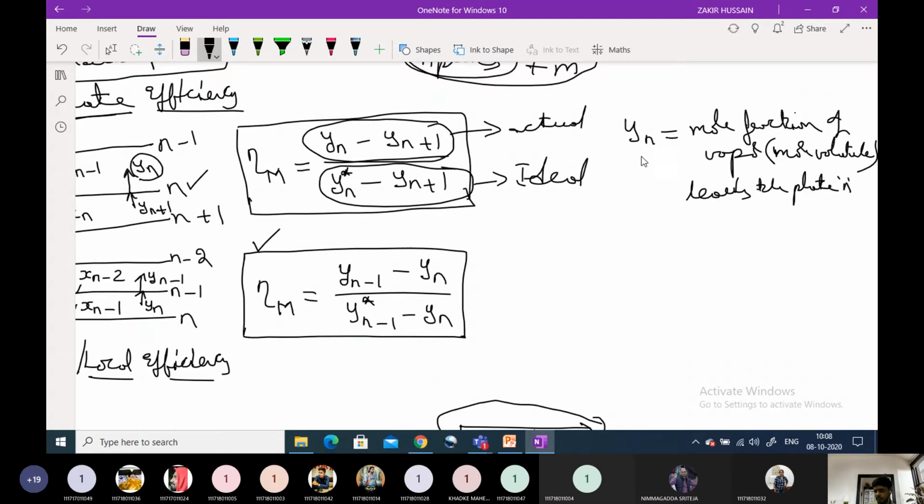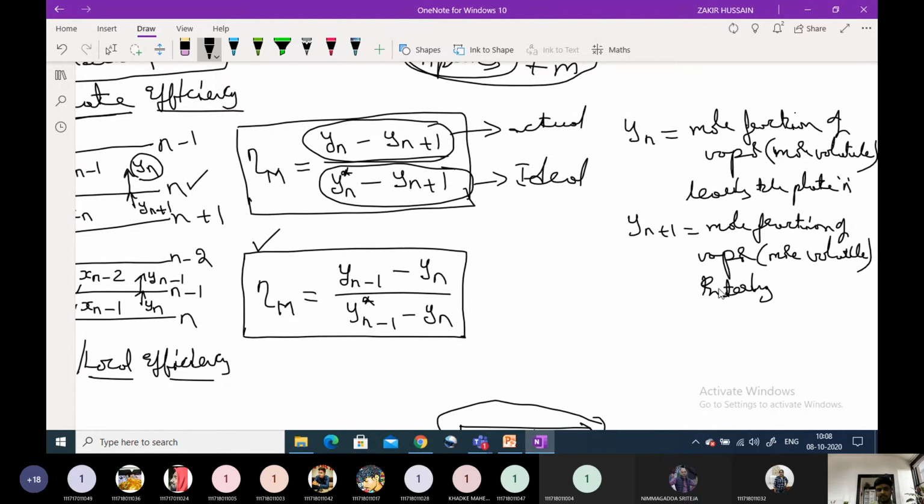Whereas in the local, if this is dash local, then it is local mole fraction. Then yn plus 1 is mole fraction of vapor or more volatile component entering. This is entering, through the directions only we can understand. So entering the plate n.